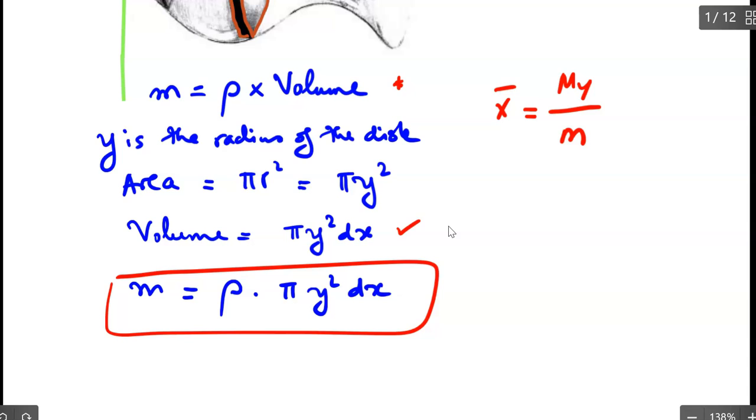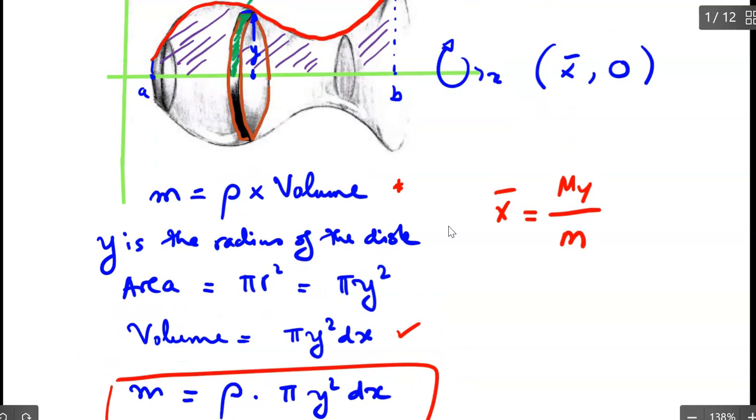I will have My equal to the mass times the distance. So in this case, I should have the mass, which I found as rho times pi times y squared dx, and I multiply by the distance.